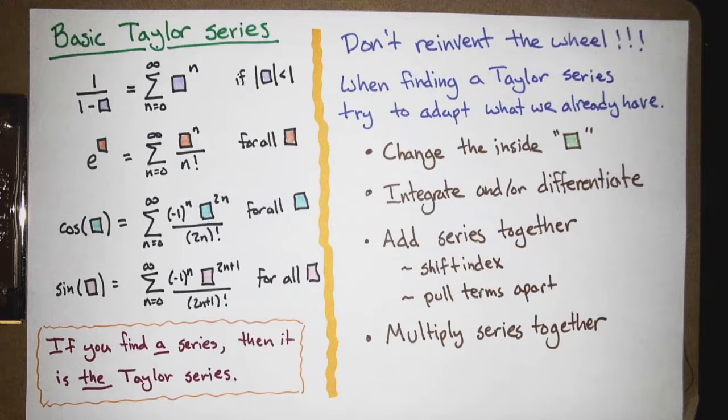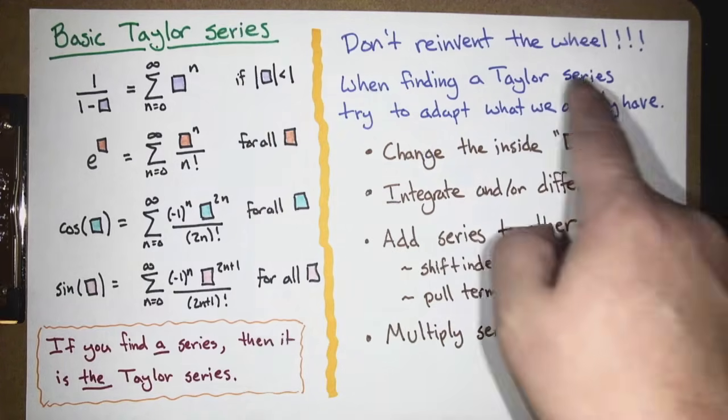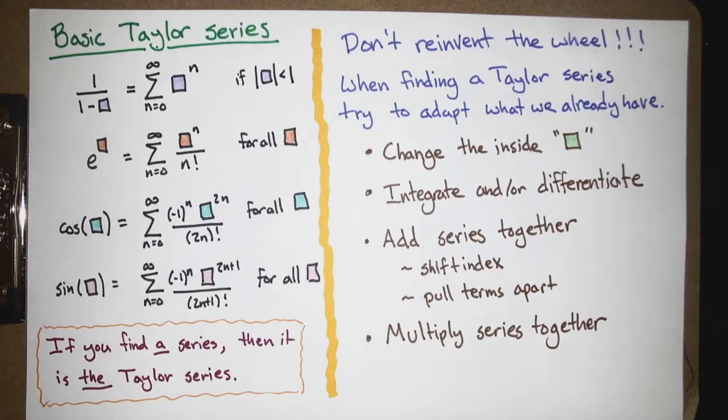And you might say, well, how can we do that? Well, my advice is to say, look, don't start from scratch every time. Don't reinvent the wheel. Most of the functions that we're going to have to find the Taylor series for, whatever reason, are similar to functions we already know the Taylor series for. All we have to do is adapt them.